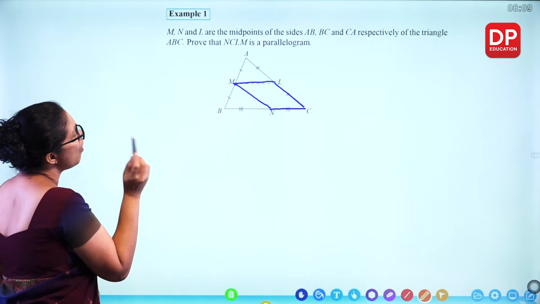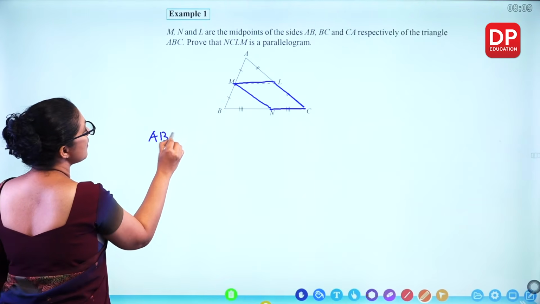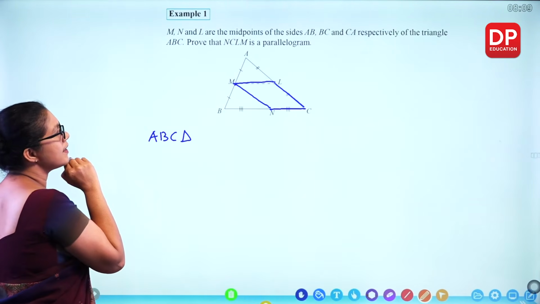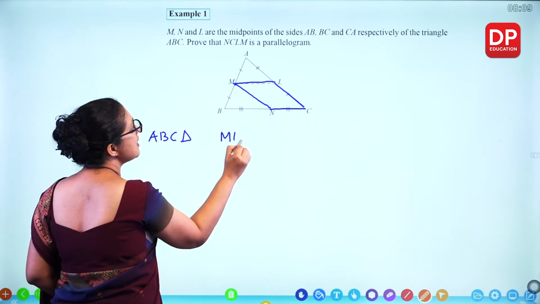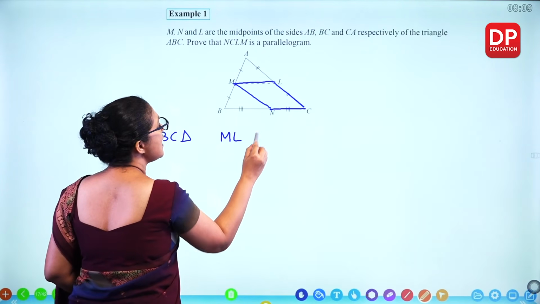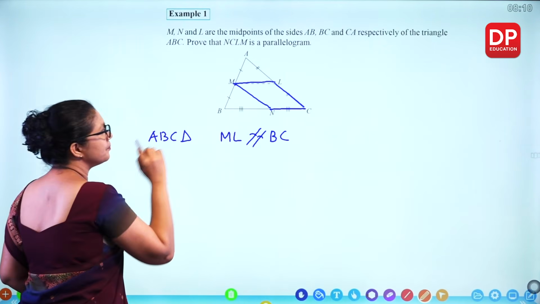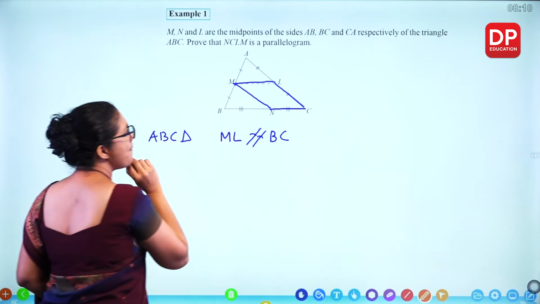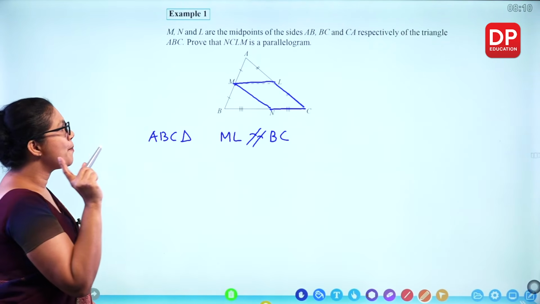Now, according to the midpoint theorem, when you take triangle ABC, what do you know about the ML side and the BC side? These two are parallel. So we know these two are parallel. And also, what do you know about ML?